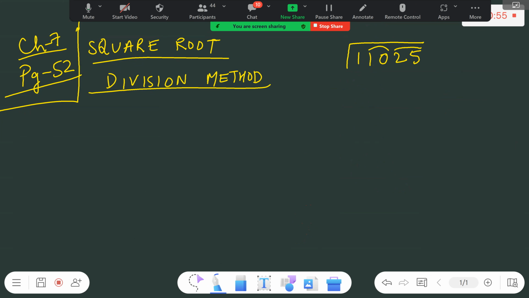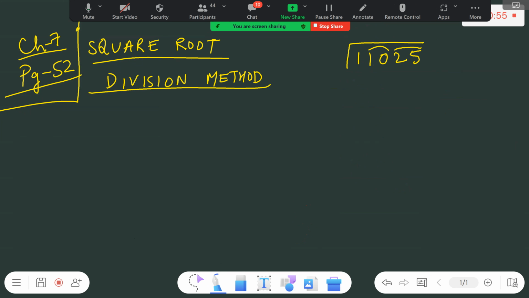Add 20 plus 0 equal to 20 for the new divisor. Sir, it will be 205. So 20 is here.